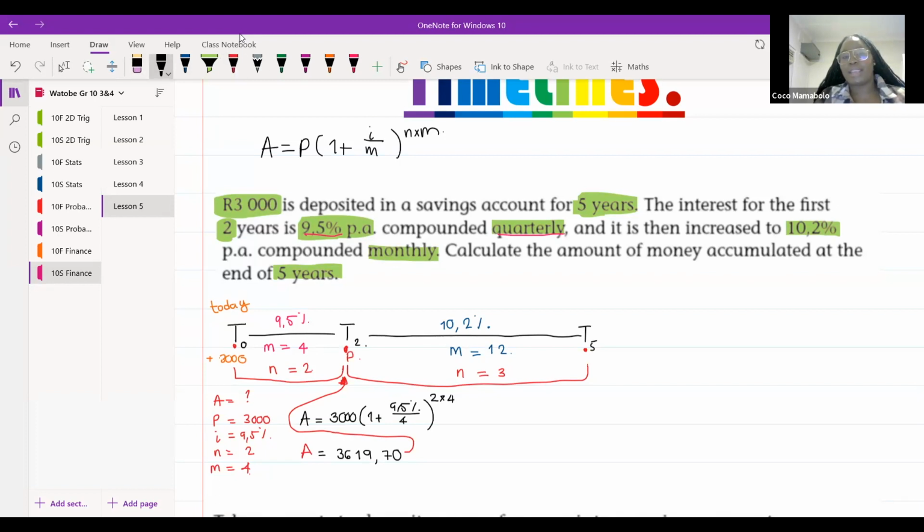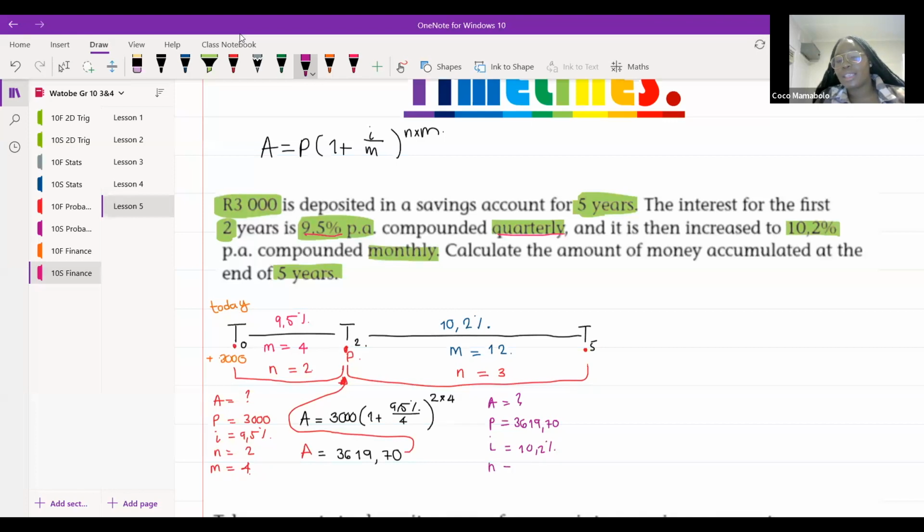So when we do the next calculation, A is what we're looking for. Our P is this value that we just got, 3,619.70. Our interest rate has also changed. Our interest rate is now 10.2%.